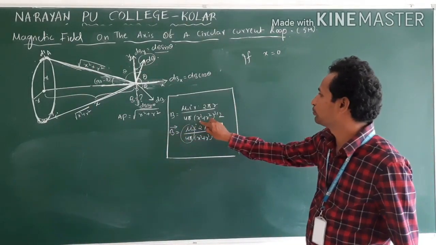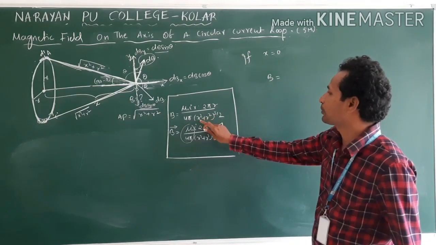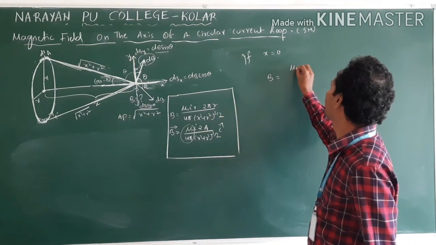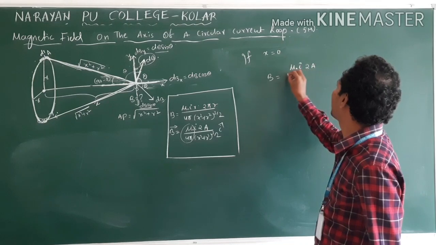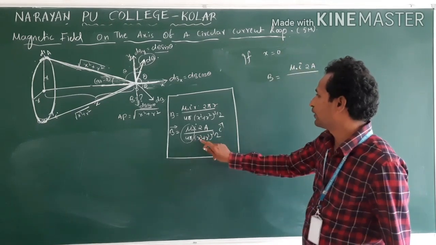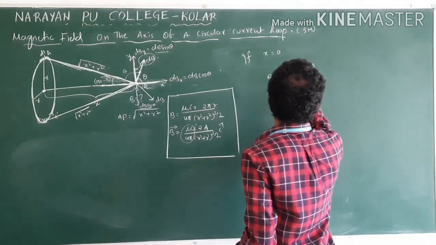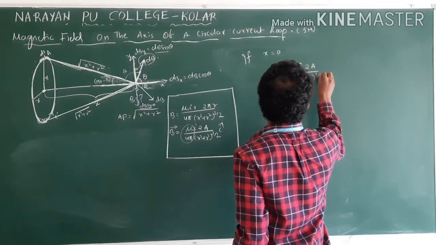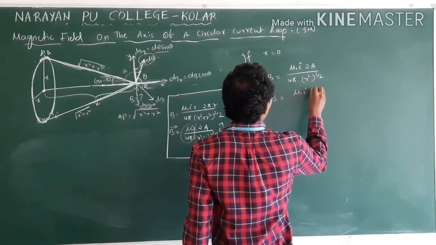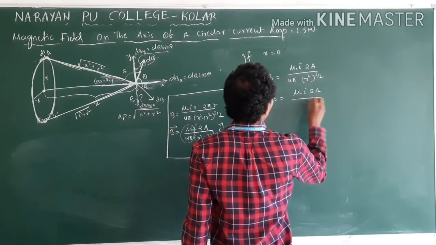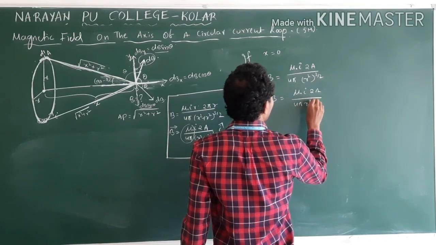Substitute the x value in this. B is equal to, if you substitute x value as 0, what do you get? mu naught I 2a by 4 pi, x is 0, so r square whole power 3 by 2. This B is equal to mu naught I 2a by 4 pi r cube.